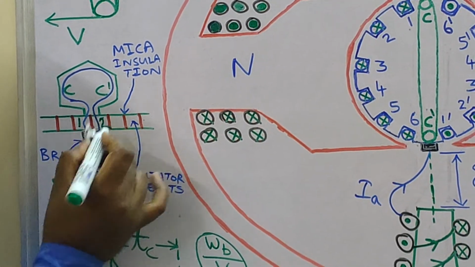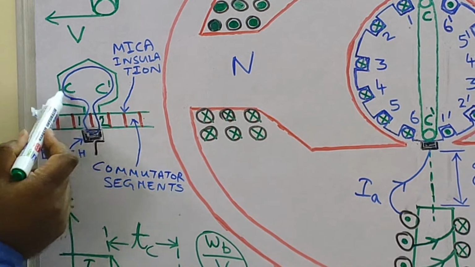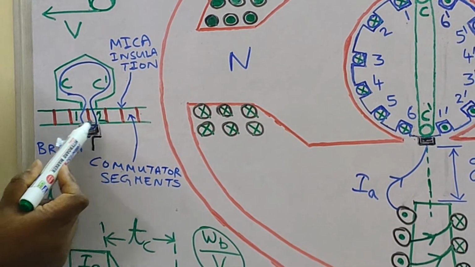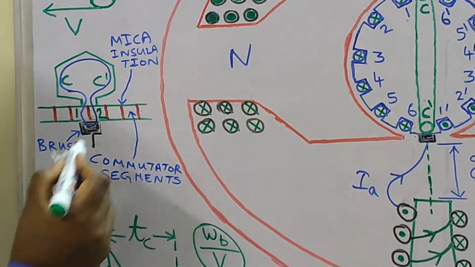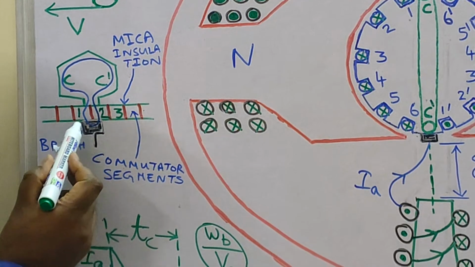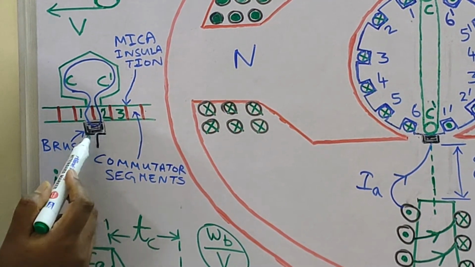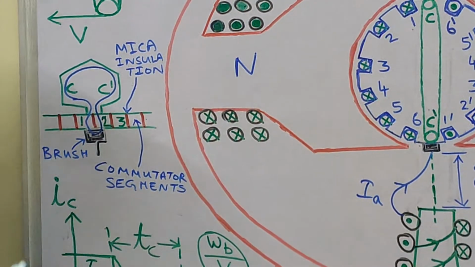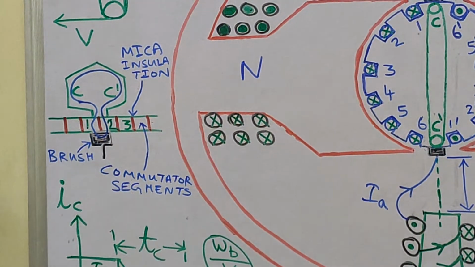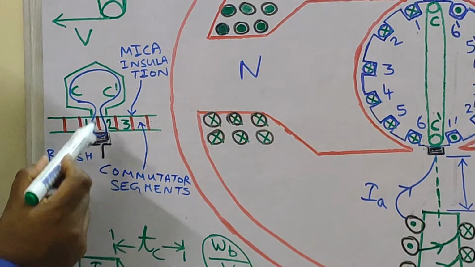So what do you see? The two ends of the coil CC dash are connected to commutator segment 1 and commutator segment 2. The moment commutator segments 1 and 2 come in contact with the brush, the coil CC dash gets short circuited. And what is the path of the short circuit current flow?